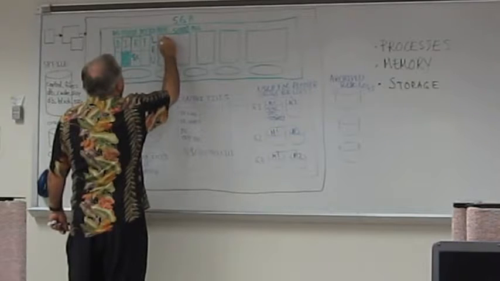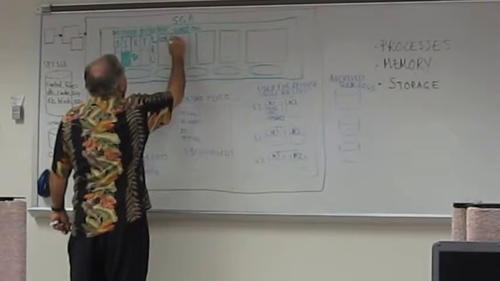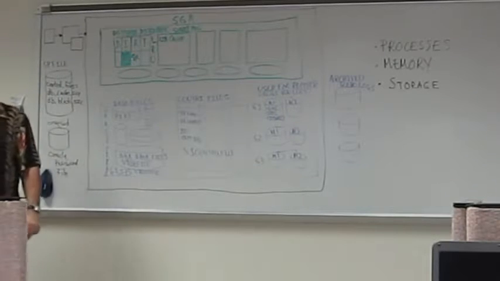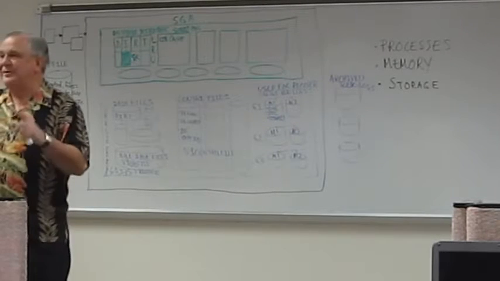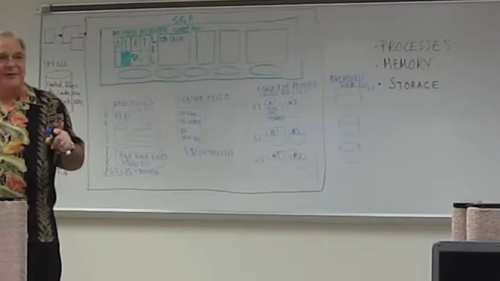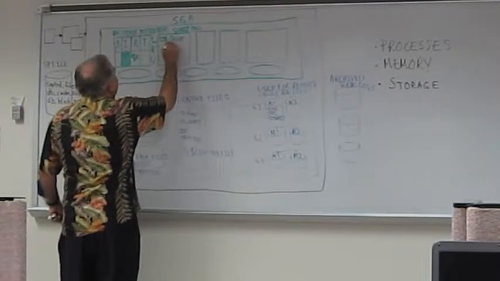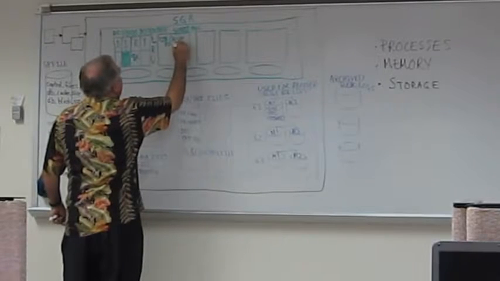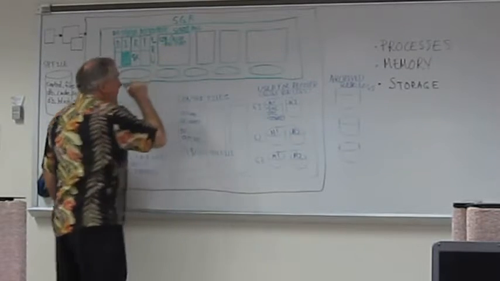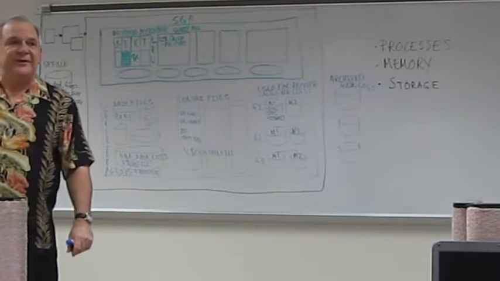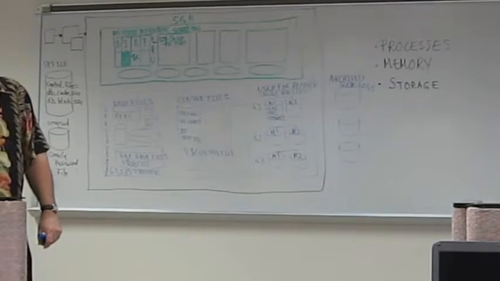One piece is called the library cache. Inside of the library cache, you'll have the actual text of the SQL statement or the PL/SQL statement. So I'm just going to put SQL statement up here and abbreviate it. Then you're also going to have the compiled version of the SQL statement or the PL/SQL statement.